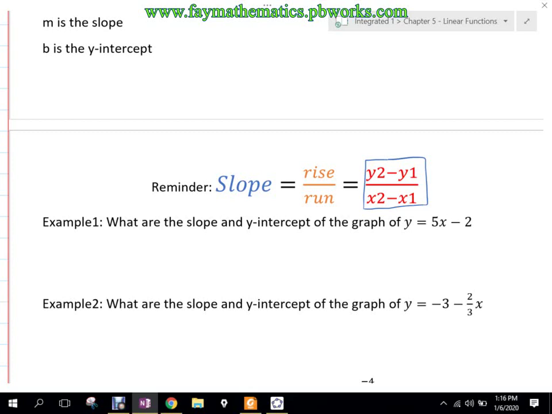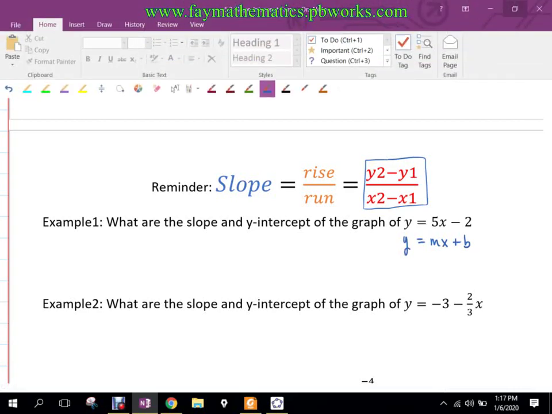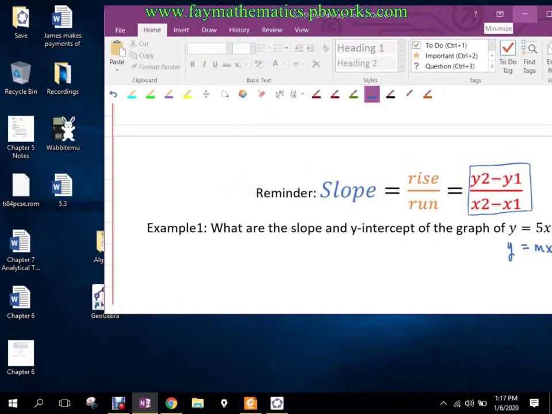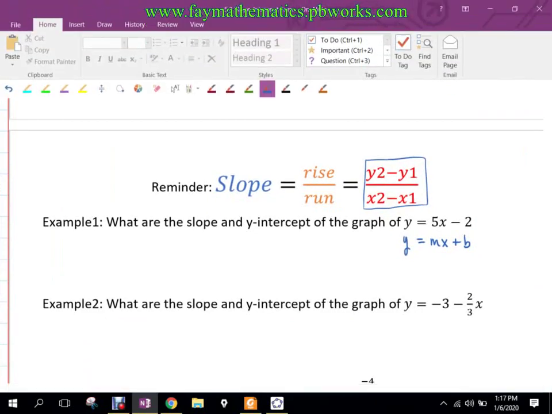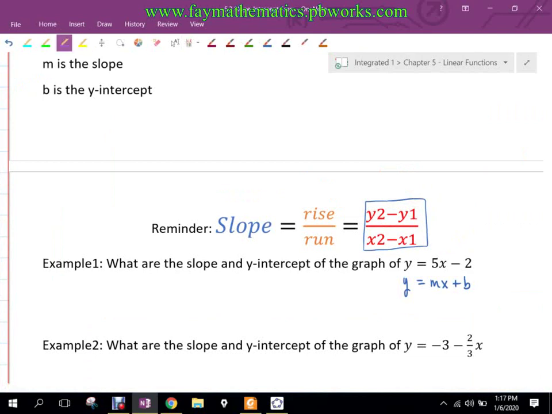So what I always like to do is write my generic form underneath it, and then make a one-to-one comparison. If I'm going to ask what is the slope, we'll make a one-to-one comparison.